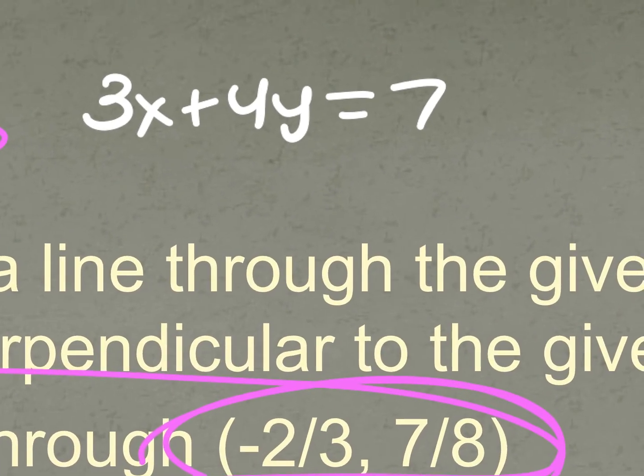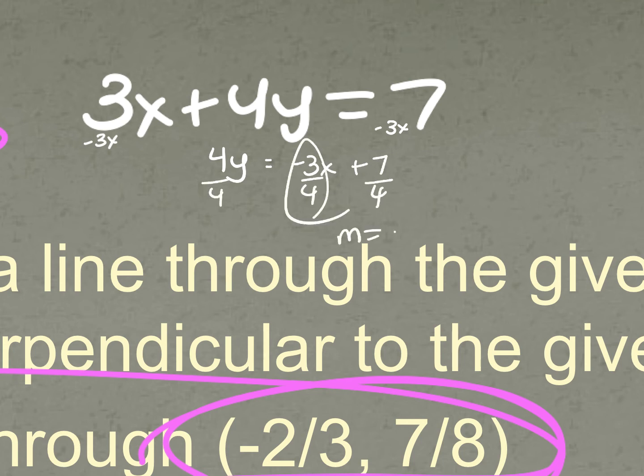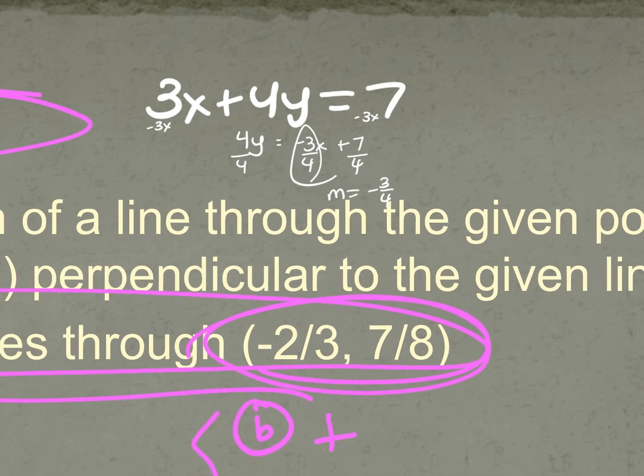There's 2 ways to find the slope of this line. One is put it into slope-intercept form. So 4y, subtract the 3x, would equal -3x plus 7, divide both sides by 4. And there's my slope. So the slope of the original line is -3/4.